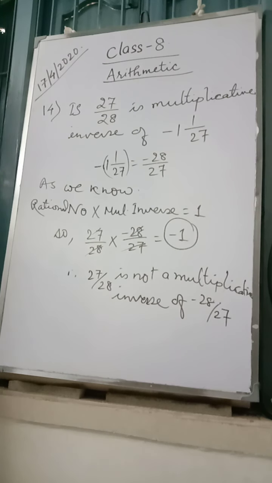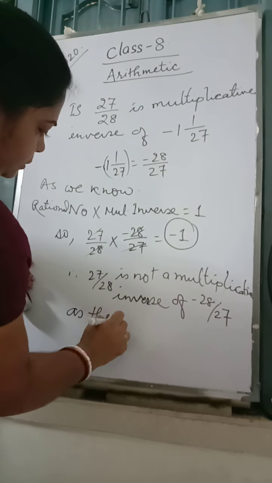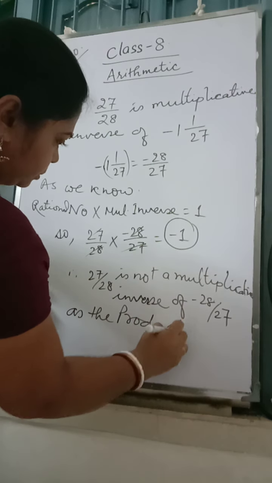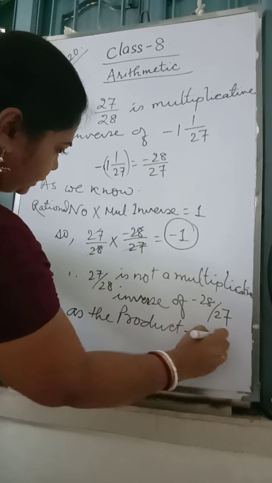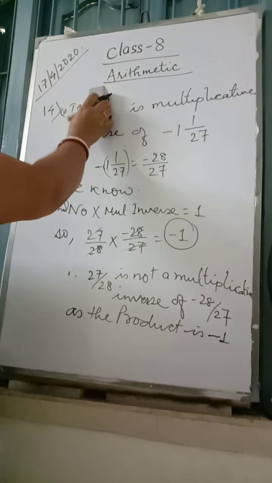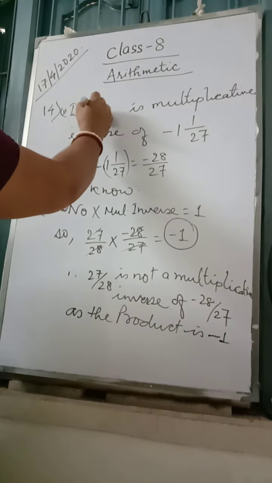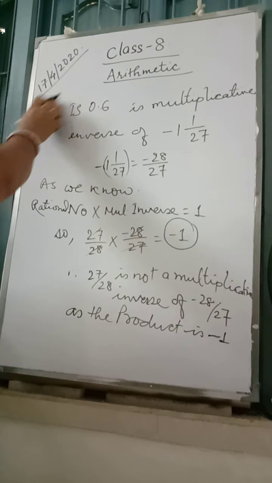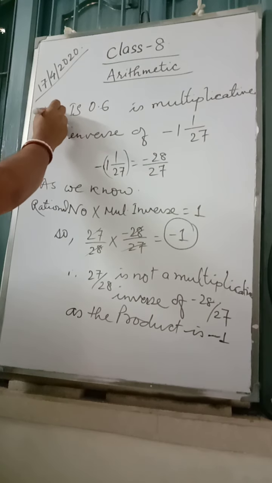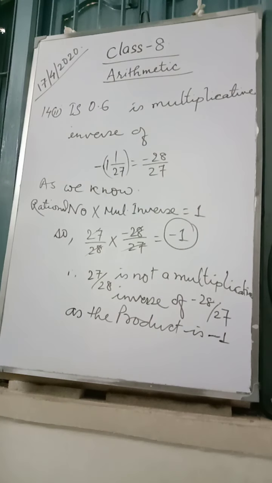14.2 says, is 0.6 the multiplicative inverse of 1 whole 2 by 3? Give reason. Here also the reason is, as the product is minus 1. This is 14.1.